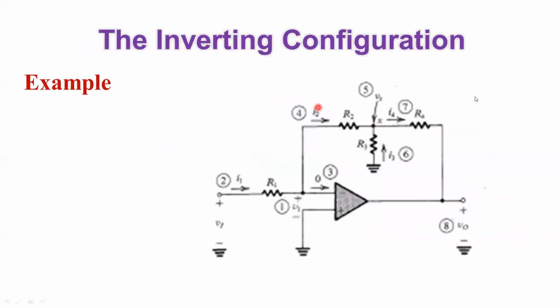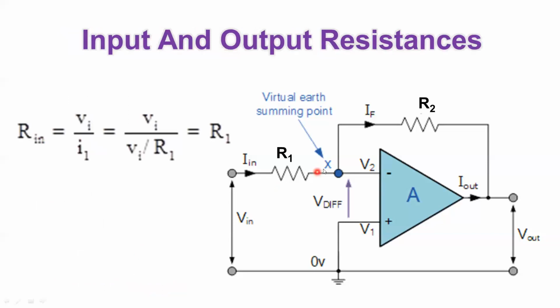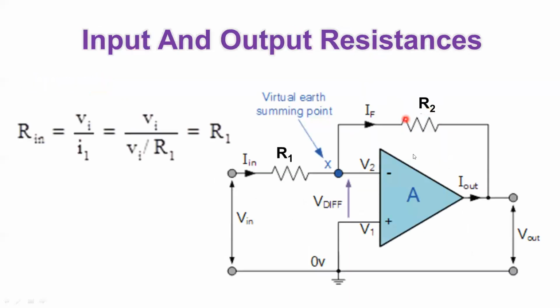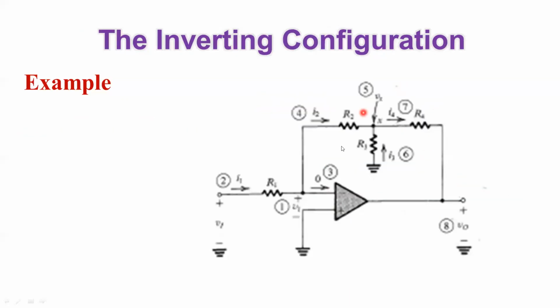First, we will start to solve this problem as an example. From the first impression, it looks like this configuration, because now we have the input connected to the inverting terminal, the non-inverting terminal connected to the ground, and a feedback resistance. But now this feedback resistance is not only one resistance, it's 3 resistances connected in this configuration.